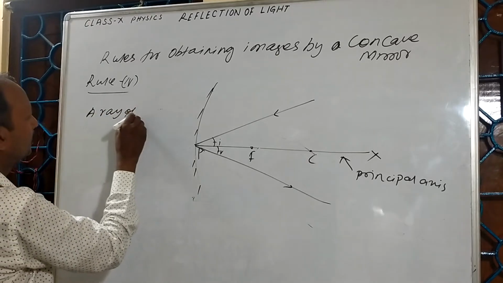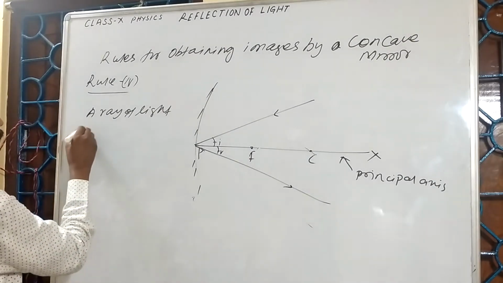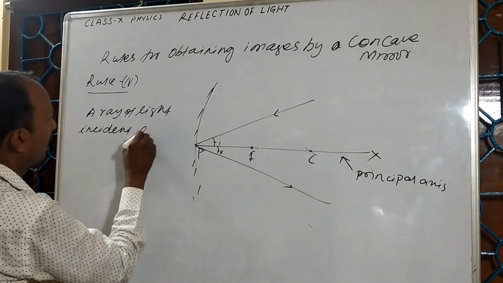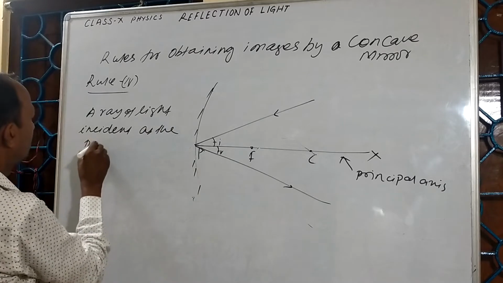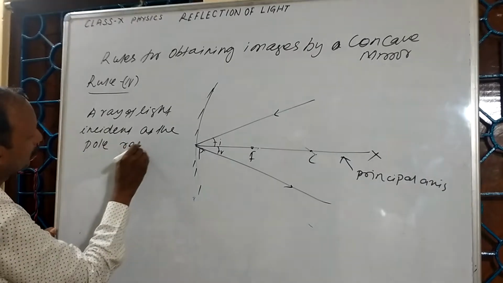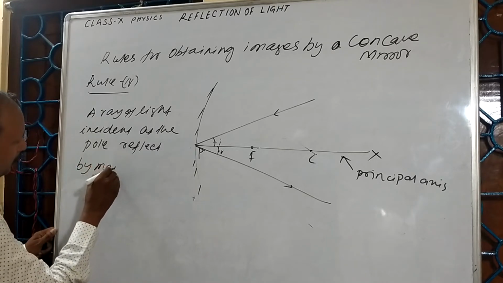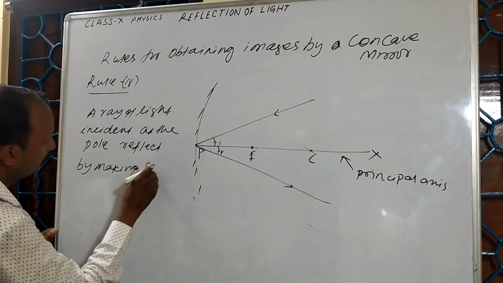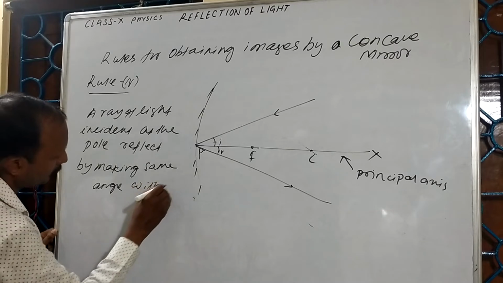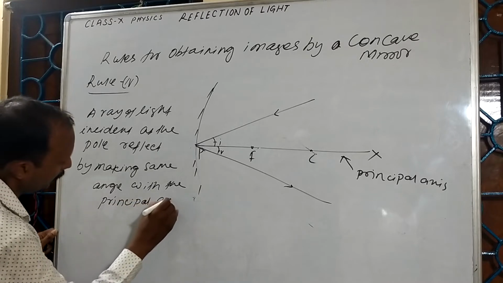A ray of light incident at the pole reflects by making the same angle with the principal axis.